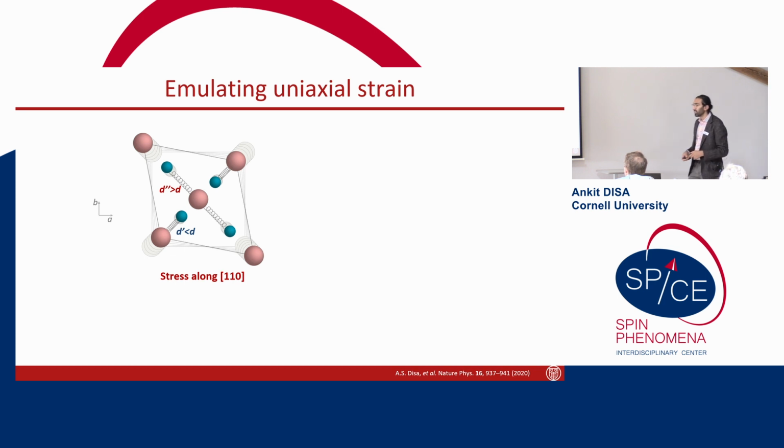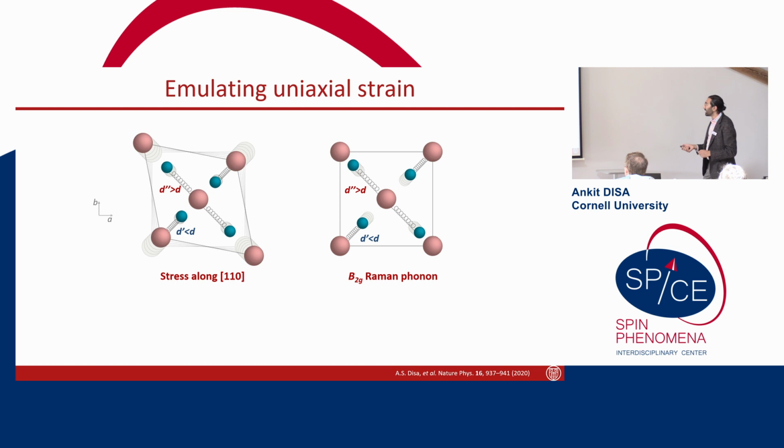Okay, the question is, how do you do such a thing where you want to break the underlying crystal symmetry optically? What you have to do is find some kind of a mode in the system that allows you to have the same type of response. And it turns out that there is a B2g symmetric Raman mode in the system that does essentially the same thing. So what you see here are the distortions associated with this Raman phonon. And what you can see is that if you just look at the in-plane cobalt-fluorine bond distances, it does exactly the same thing as a strain.